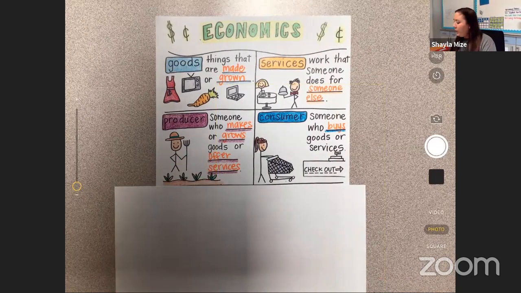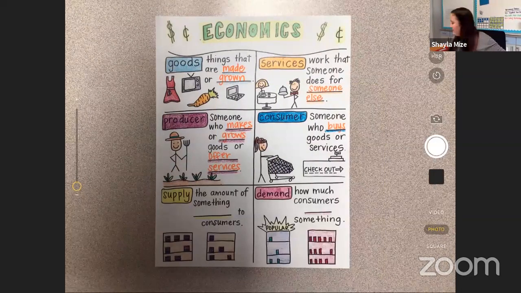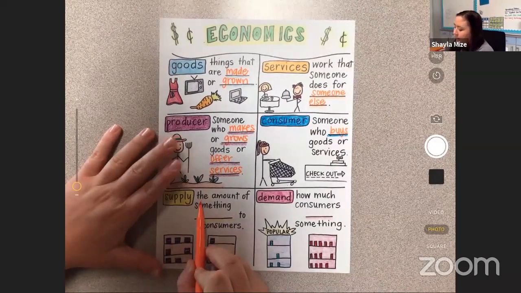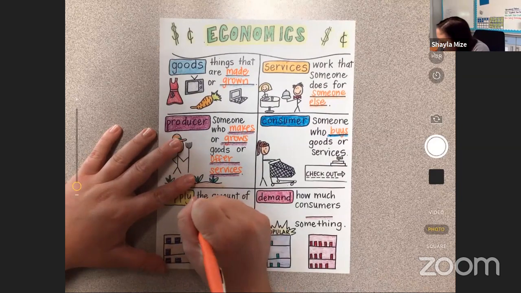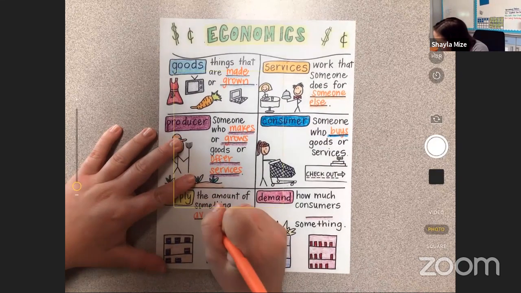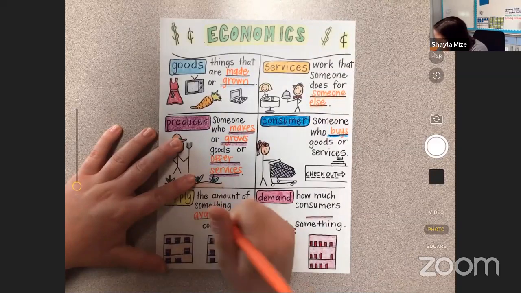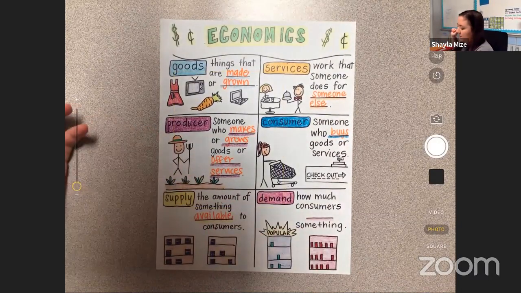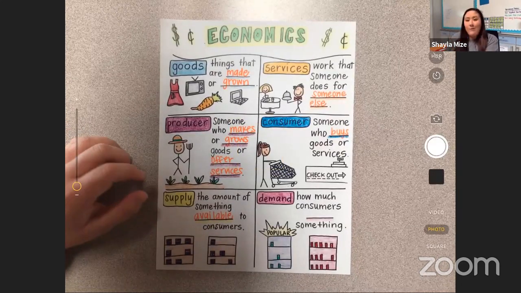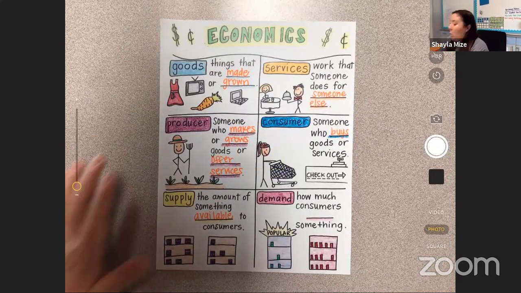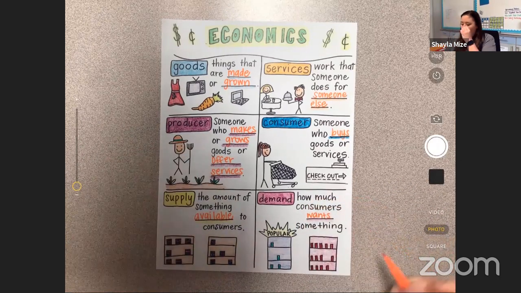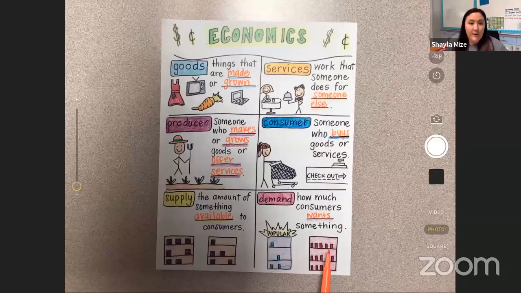Okay. We also have supply and demand. Supply is the amount of something available to consumers, and demand is how much a consumer wants something. So if it's not a popular item, then there's not going to be much demand for it.